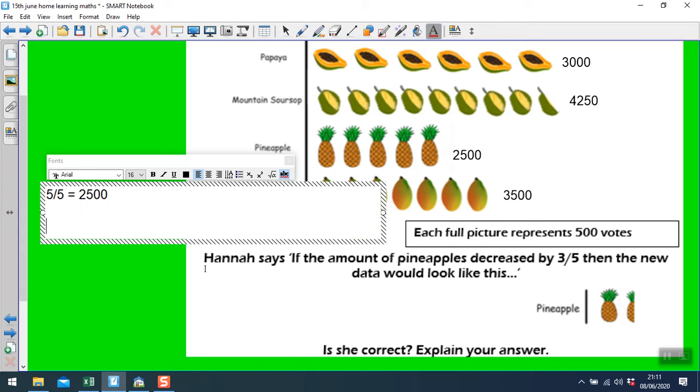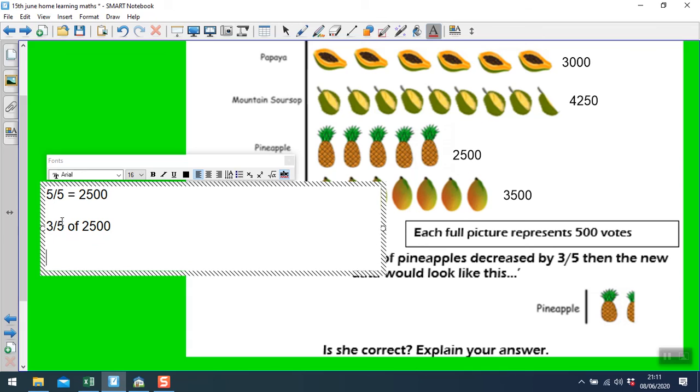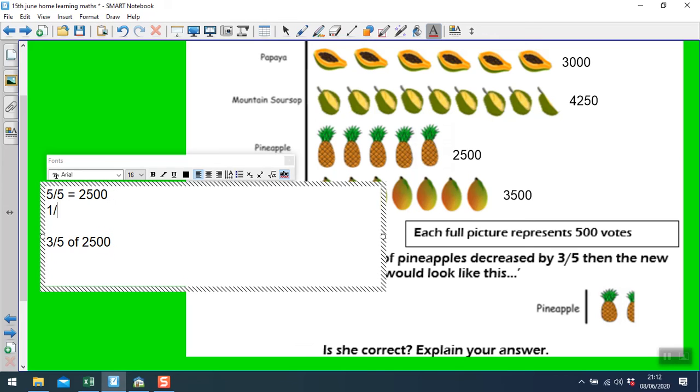We have to find out what 3/5 is and then take that away from the 2,500. So we're finding 3/5 of 2,500. Before we find 3/5, we've got to find 1/5. So if 5/5 equals 2,500, we've got to find out what 1/5 equals.